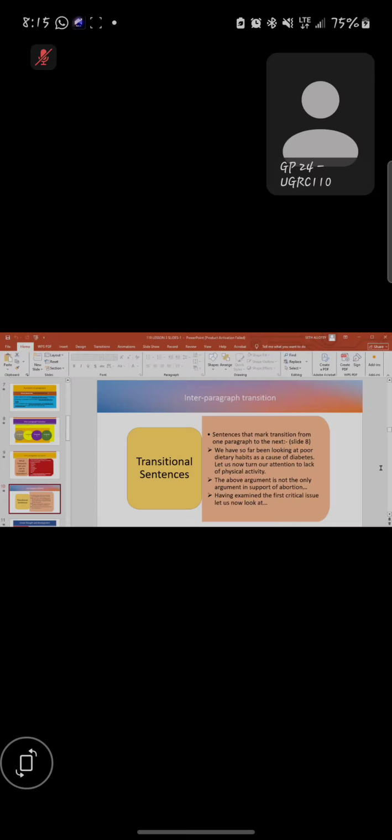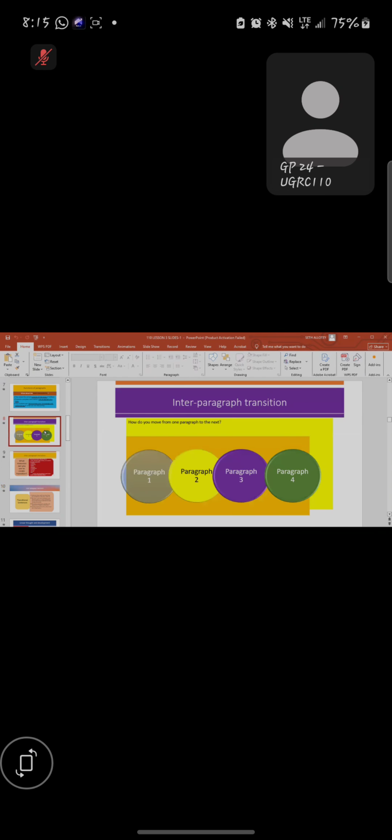We can use our transitional words, phrases, and sentences to ensure interparagraph transition, so that our paragraphs in the body, though they may be talking about different ideas, are still linked. The age of transitional markers, transitional phrases, sentences. Right.